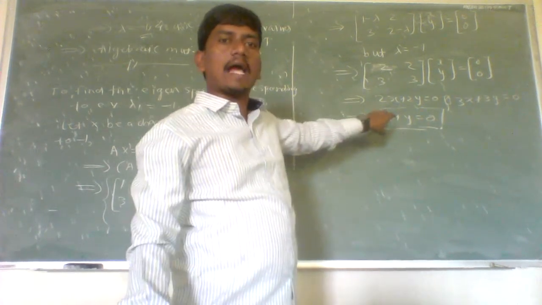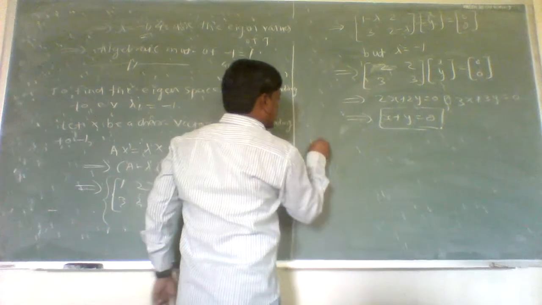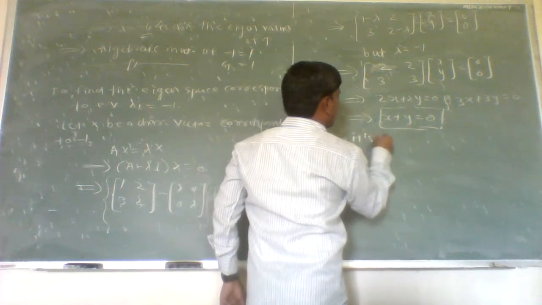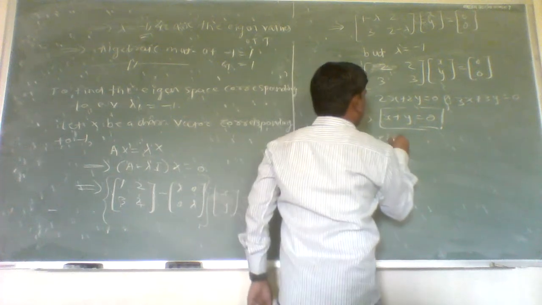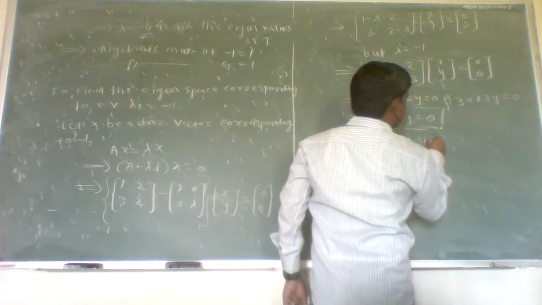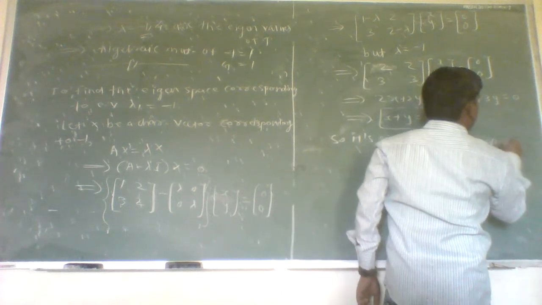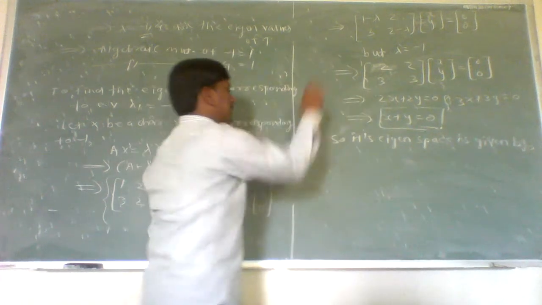Now we have to find its eigenspace. The eigenspace contains all its characteristic vectors, that is, eigenvectors.